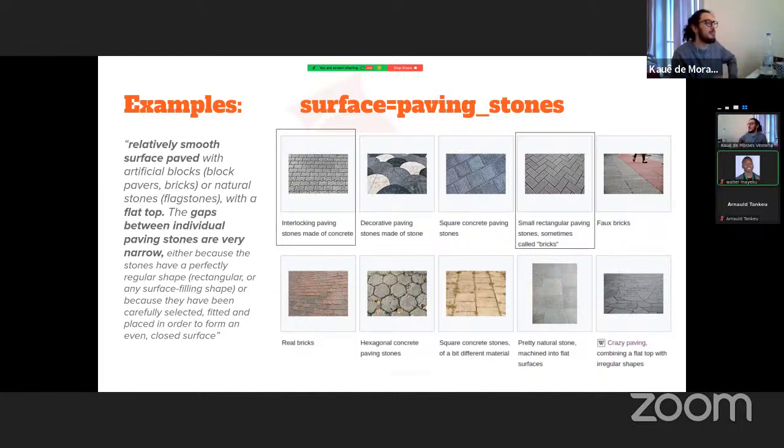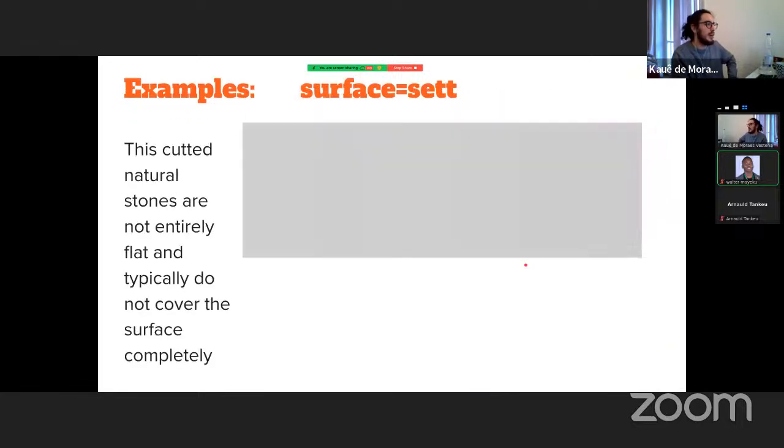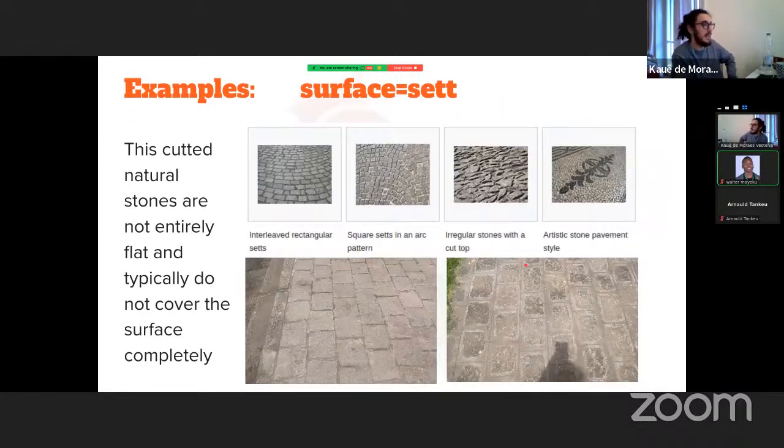And we have this other category, setts, where the main difference from paving stones is that the top is not entirely flat, okay? So they are not optimized for pedestrian movement, and sometimes they also have some kind of filling between them.